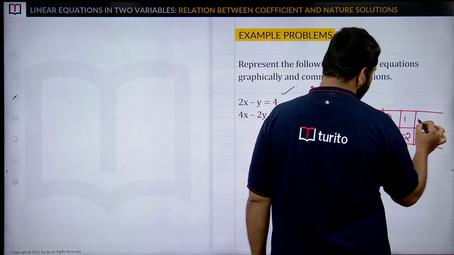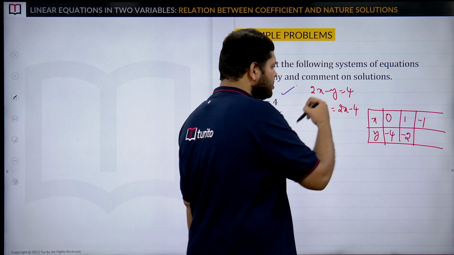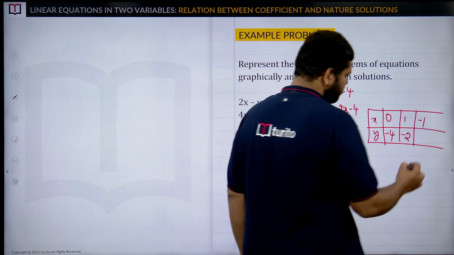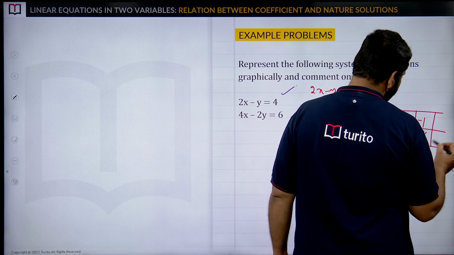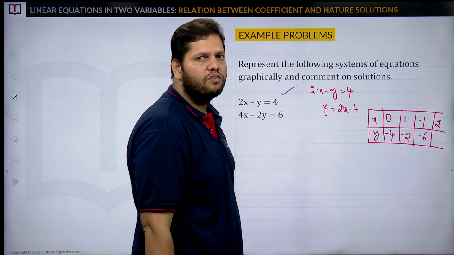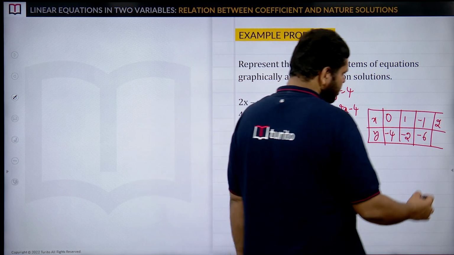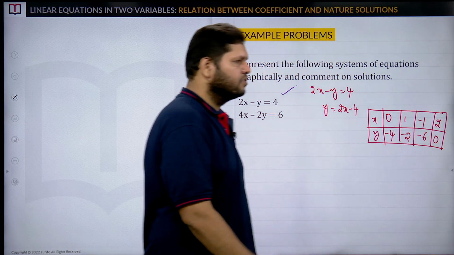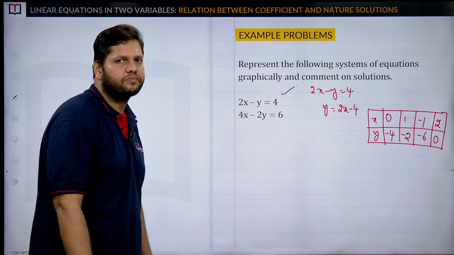Then x is minus 1: 2 into minus 1 is minus 2, and minus 2 minus 4 is minus 6. Then x is 2: 4 minus 4 is 0. So if x is 2, y is 0. Clear, children? These are the points.